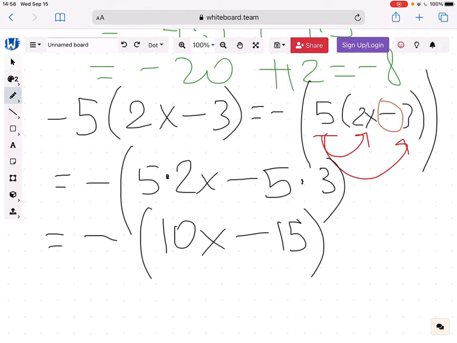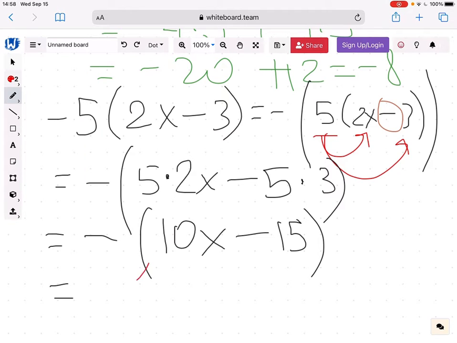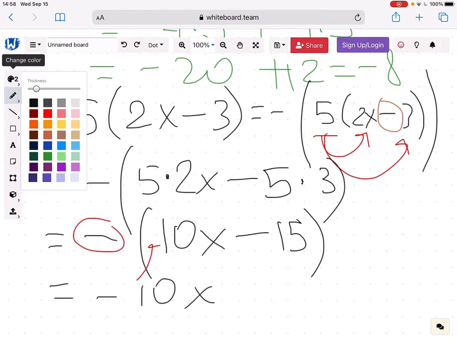And the last step we need to do is get rid of this parenthesis and bring that minus in. We had 10x first. There's nothing here, which means it's plus, and now we have minus, so we get minus 10x. Next, we have minus 15, but there's another minus sitting in front of all of it.